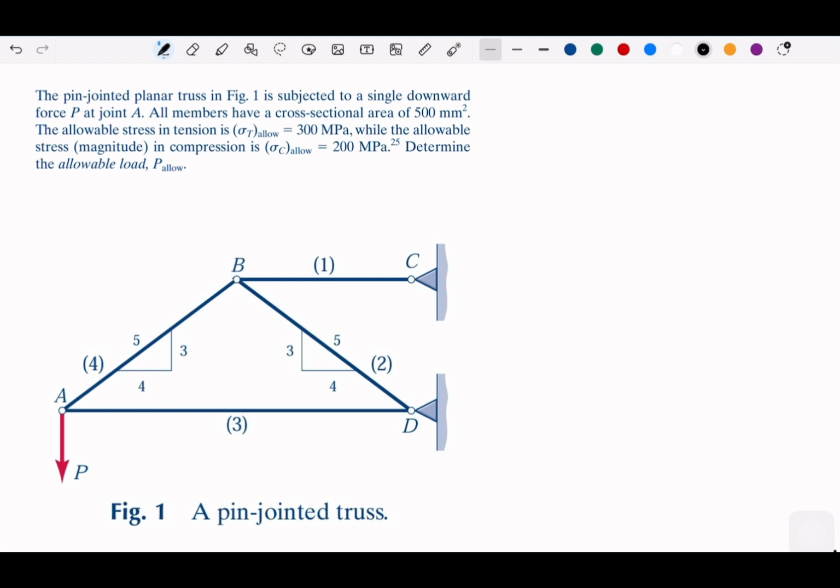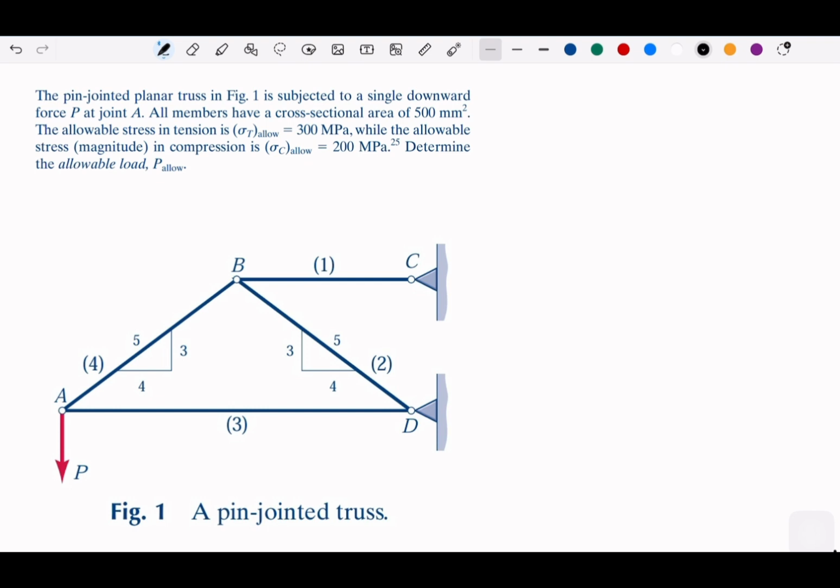This is P. Okay. And all members have a cross-sectional area of 500 millimeters square. So we assume we have the same cross-sectional area for all trusses. And it is giving the information about the allowable stress.